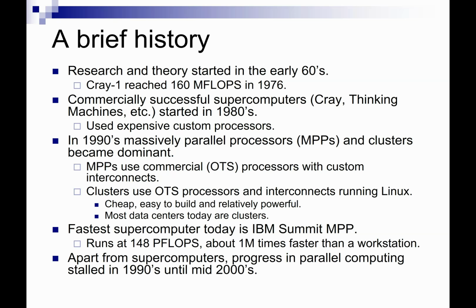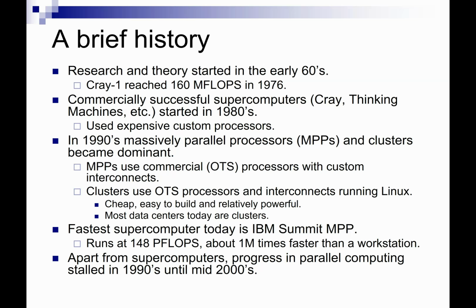Now, apart from these supercomputers, which continue to be built ever since the 80s, progress in parallel computing actually sort of stalled. Basically, the only area where people were working heavily with parallel computing from the 90s until the mid-2000s was supercomputing.